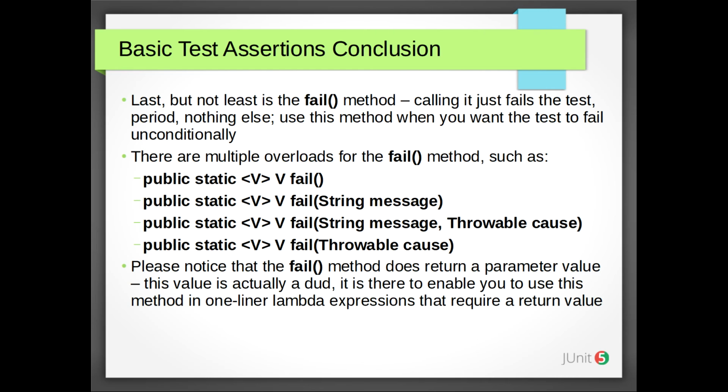Public static <V> V fail(String message). One can nicely fail a test with a message. Public static <V> V fail(String message, Throwable cause).